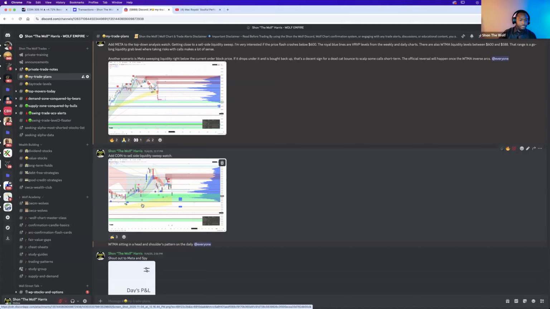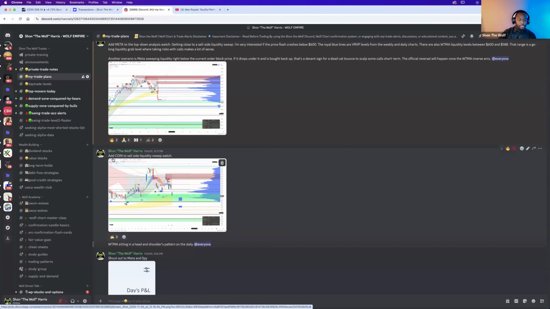When you see that, you want to go ahead and do a top-down analysis of it. If you can't do the top-down analysis and you're still learning, all you have to do is take a screenshot of your daily time frame, 4-hour time frame, 1-hour time frame, and put it in Shon-TheWolf AI, Black Wolf, and then it's going to come out with a trade plan for you, right?